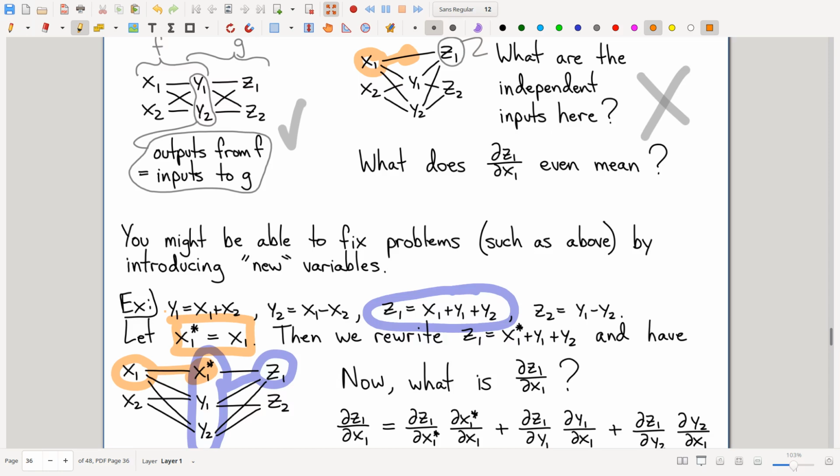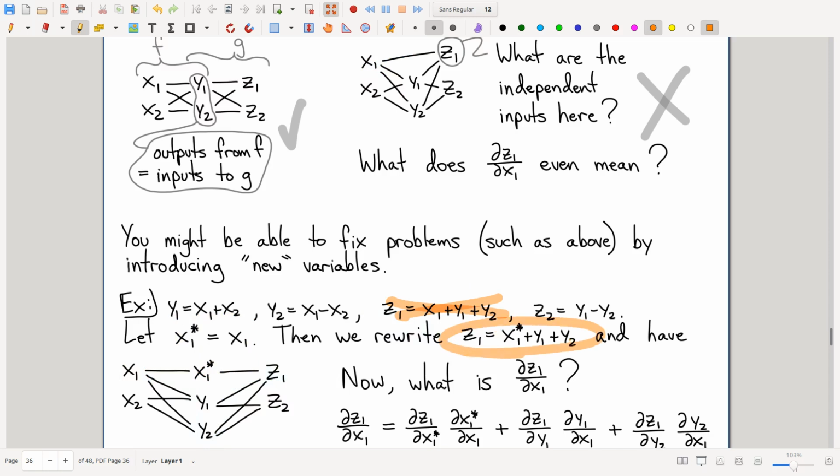So I claim by inserting this here, I haven't actually done anything. By getting rid of this equation and replacing it with this equation, z1 now being a function of x1 star, but x1 star being x1, it's still the same, nothing happened, it's all fine, except now my diagram makes sense. Everybody on board with that?